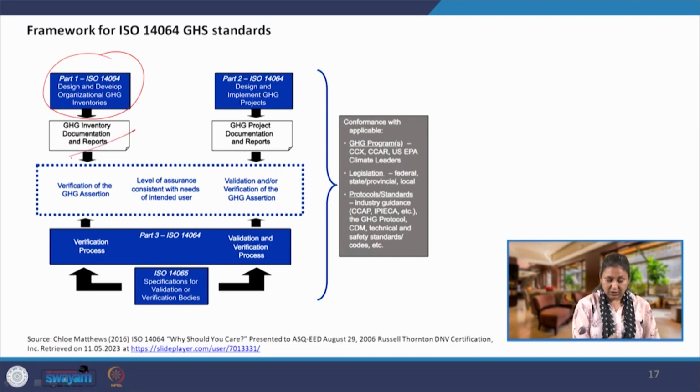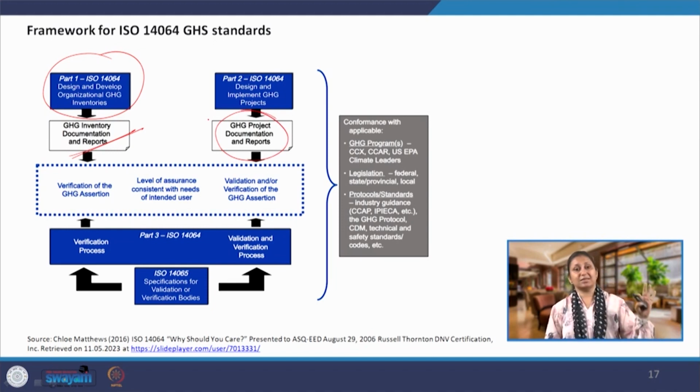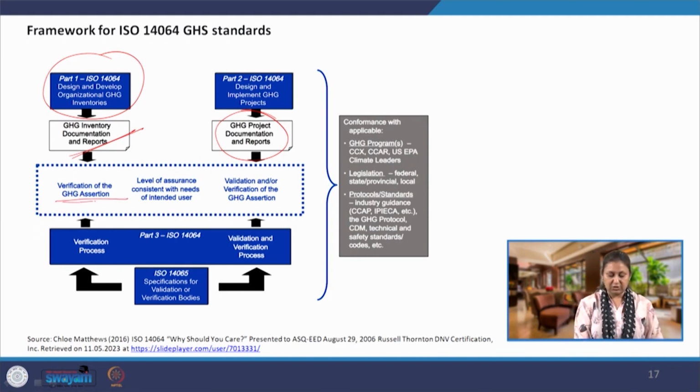So, we are largely talking about inventory documentation and reports as part 1 of ISO 14064, and in part 2 we are talking about project reports and documentation reports of the project, and together they will be giving us a verification of the GHG assertion.